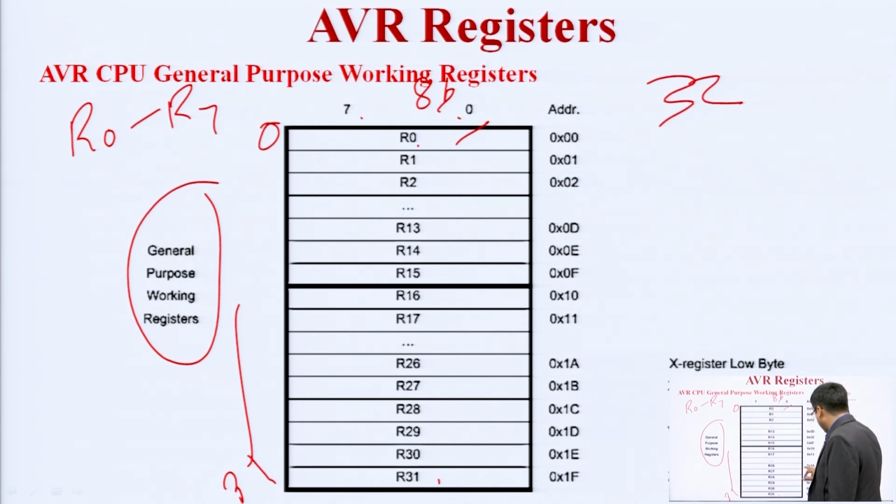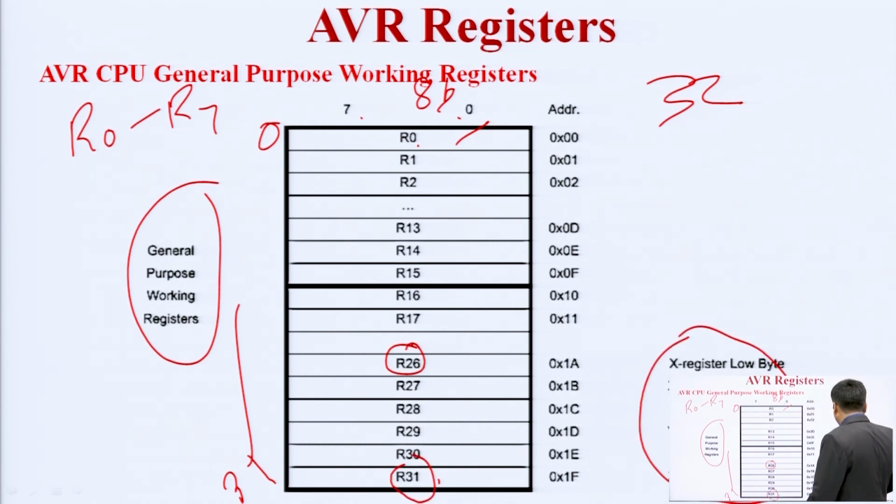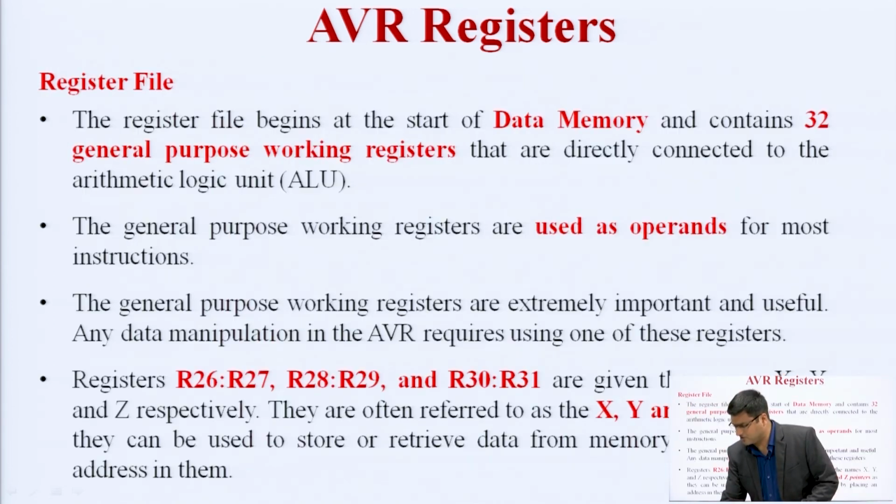From R26 to R31 have some other features. They are divided into 3 categories: X, Y and Z, and each is further divided into low and high. So we have the Y register low byte and the Y register high byte. These are the register organization.